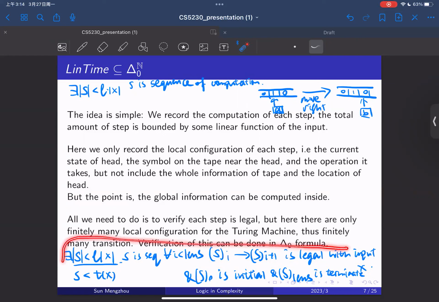So all the things we can see, all the bounded quantifiers here and here are bounded. So this can be done in the delta zero formula. So this is one side, although it is not that accurate, but I think here is a strategy.